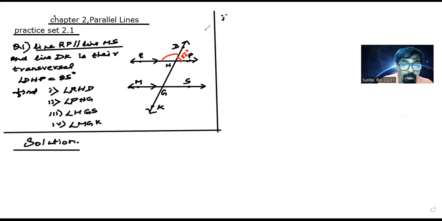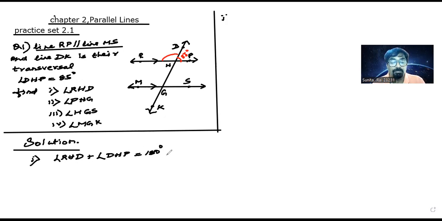Angle RHD forms a linear pair with angle DHP. So how do we write here? Angle RHD plus angle DHP equals 180.